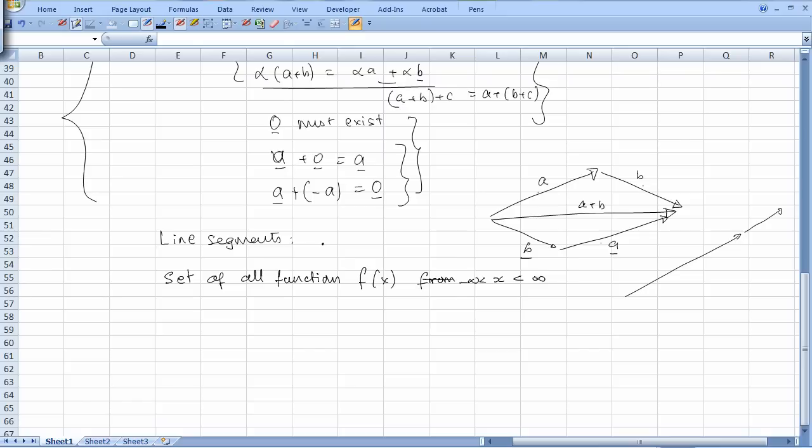Okay, is it clear that if I take two functions f of x and add it to g of x, I'll get another function h of x, right? I can scale it, I can do all this fun stuff. You know what I mean? So that's an example of a non-standard vector space.